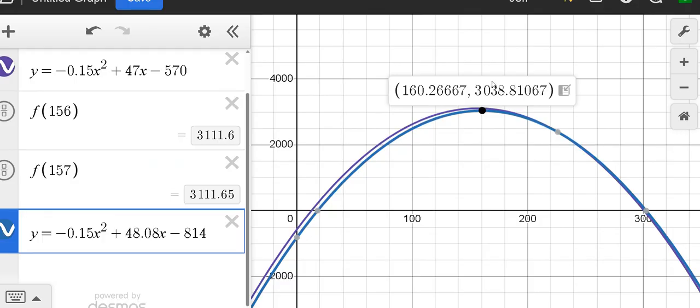So it's under, then it crosses and it becomes more.